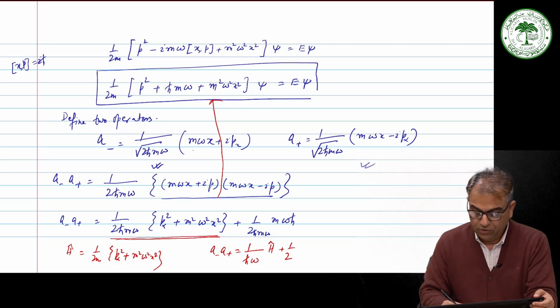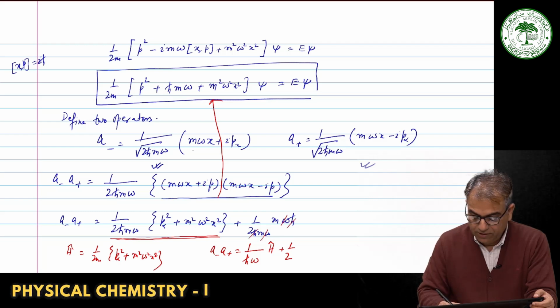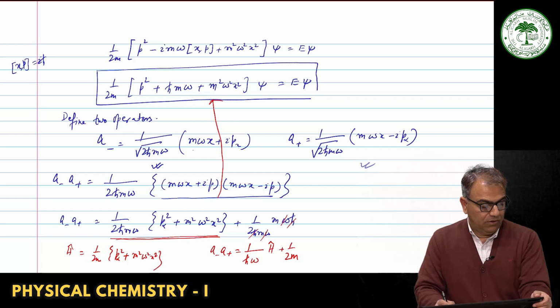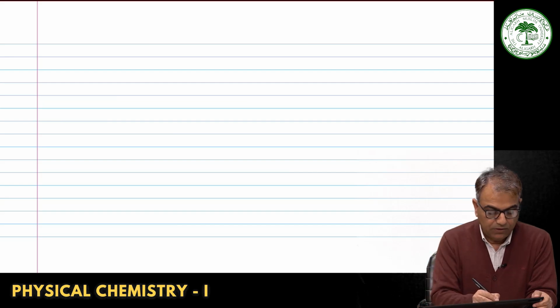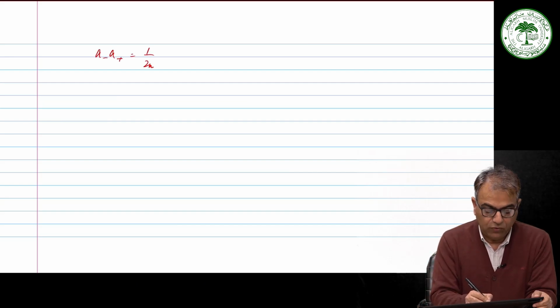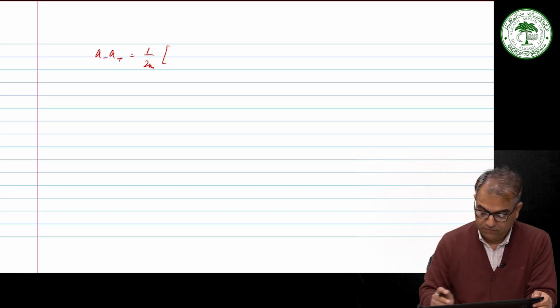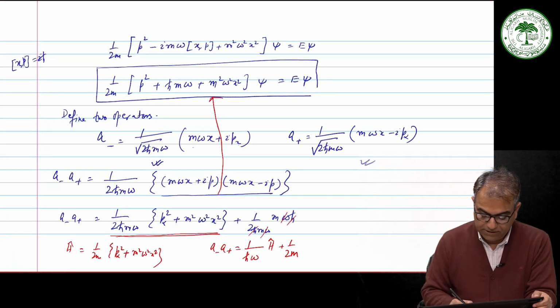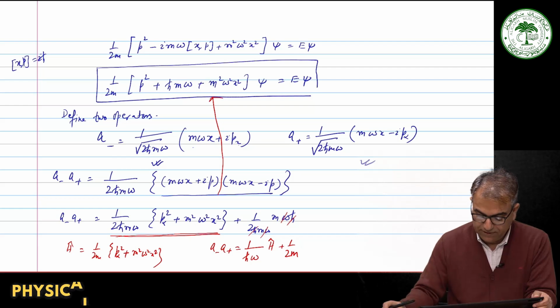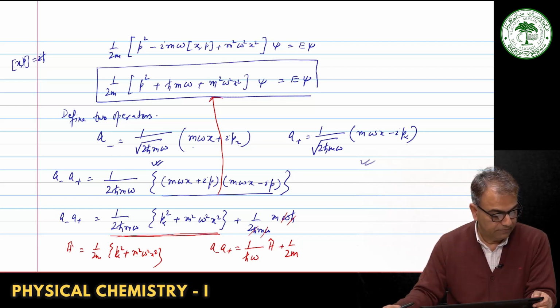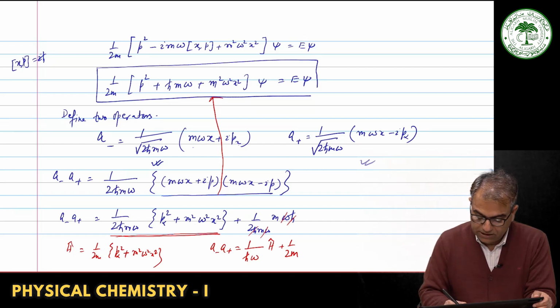So, omega and h cross will go, you will have 1 by 2 m, and m should not remain here, m and m will also go.